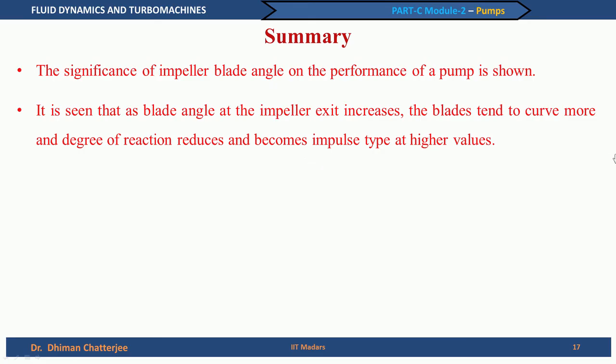But as we have discussed in the last lecture, the impulse type of pump is not feasible and does not make sense, because we want to increase the pressure head and hence this is not a very good practice. Hence, in all practical applications the impeller blade angle at the exit is not greater than 90 degrees, or in other words we talk about the backward facing vane as a desirable choice of blade.